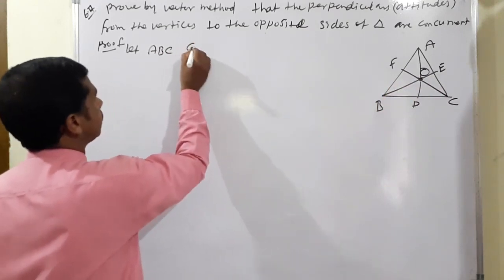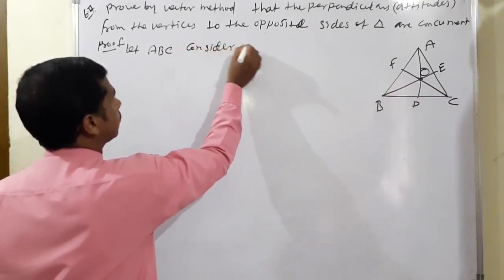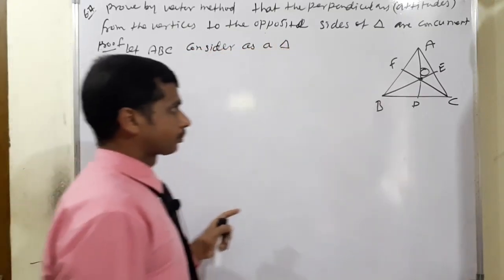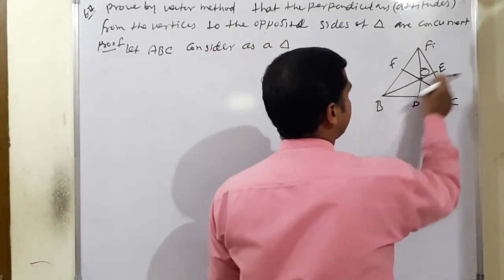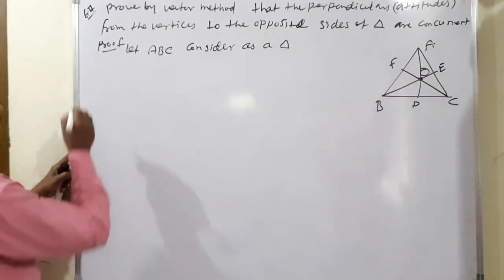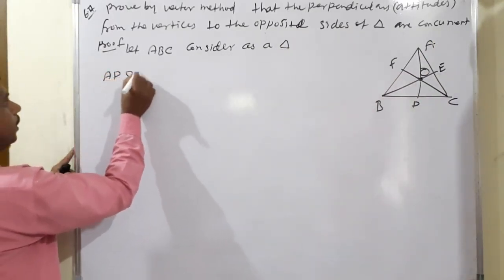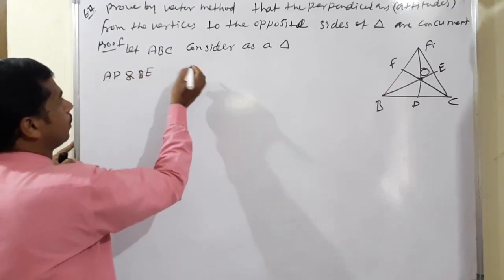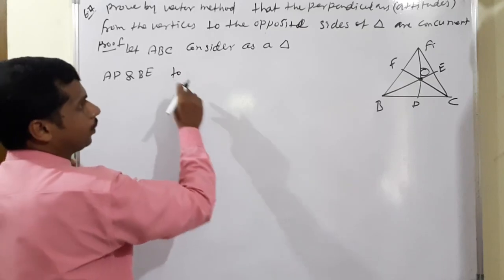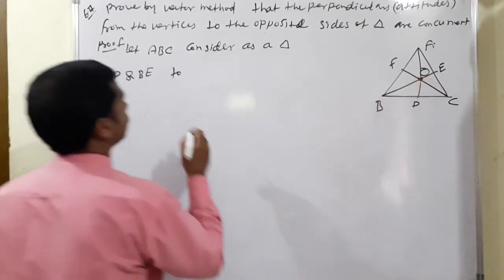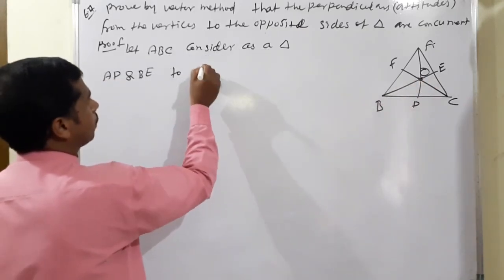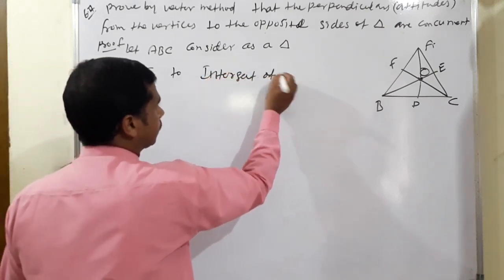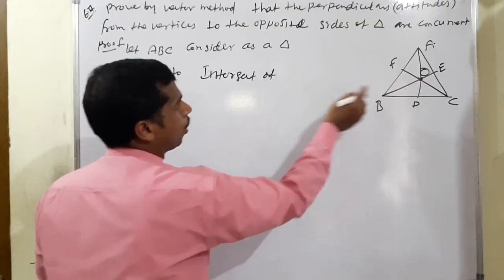Let ABC be a triangle. Now AD and BE intersect at O, isn't it?